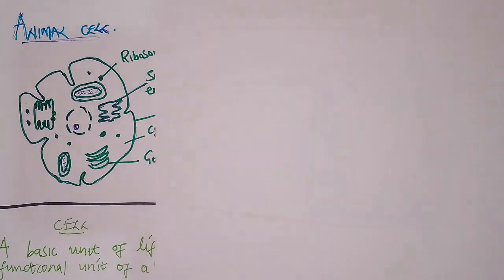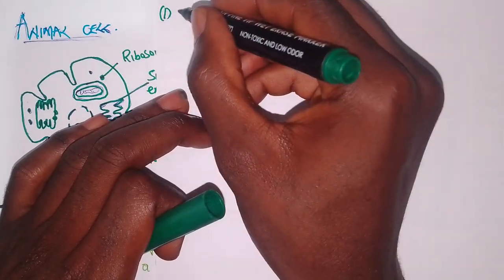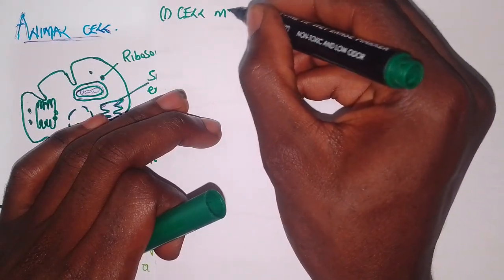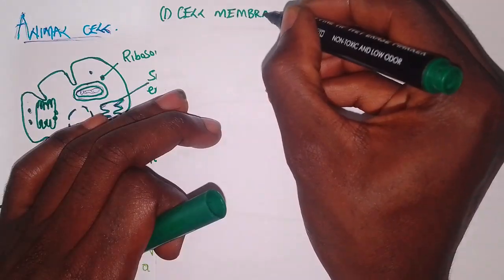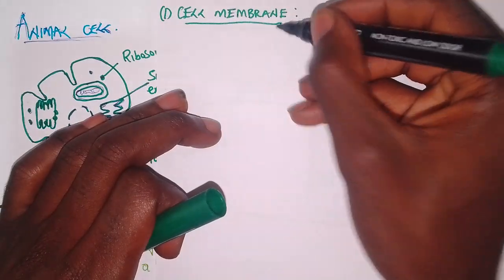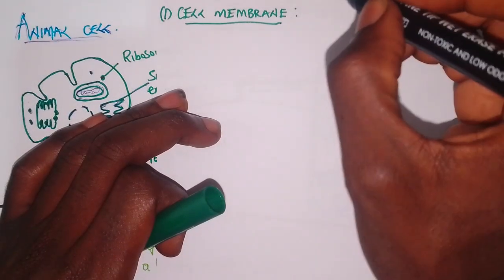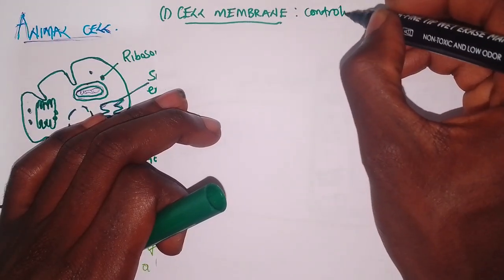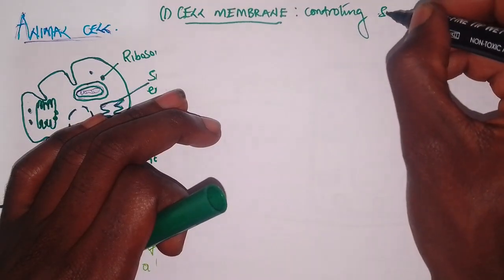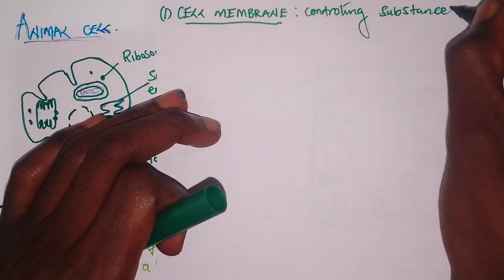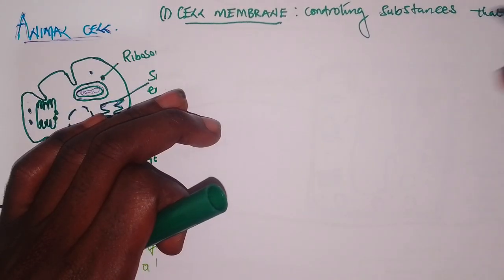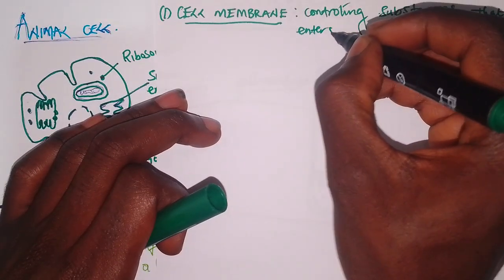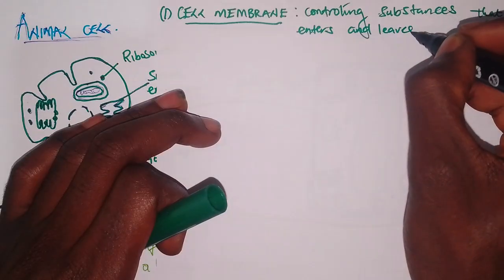The cell membrane is the part which is responsible for controlling substances that enter and leave the cell.